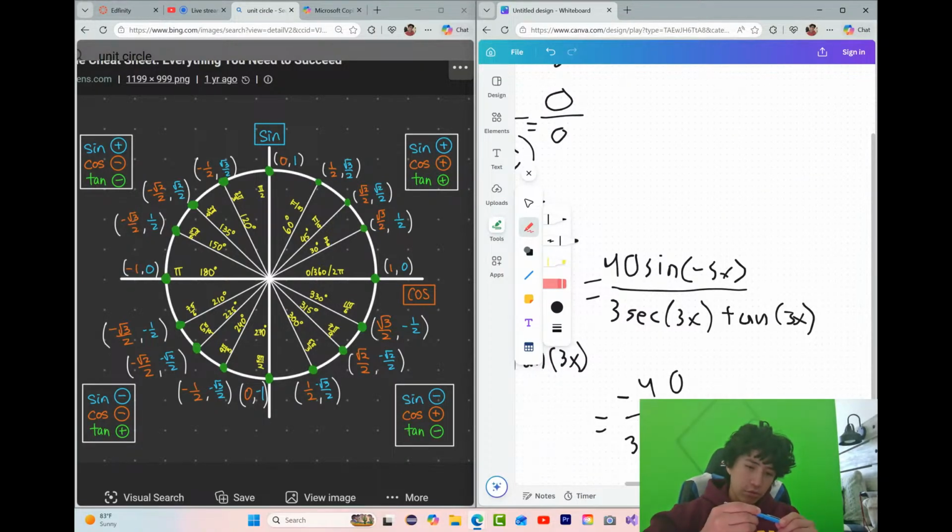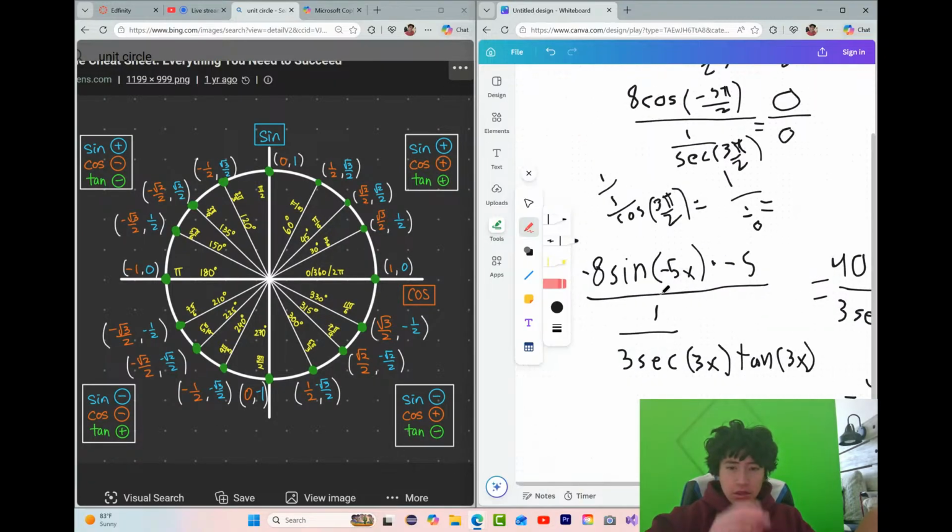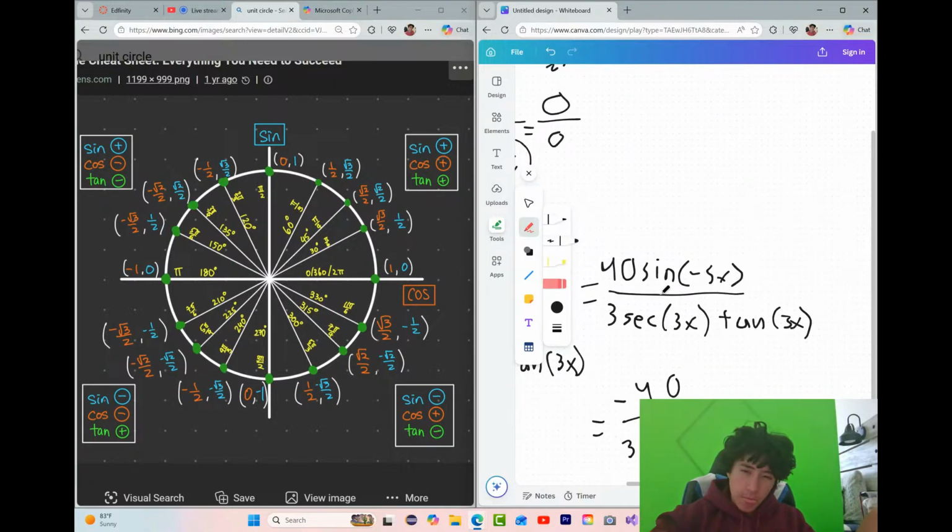Am I using this the way I'm supposed to? 1 over cosine of 3x, or 3 pi over 2. Cosine of 3 pi over 2 is 0. 1 over 0. Hold on. Wait, what? You have got to be kidding me. It's over 1.